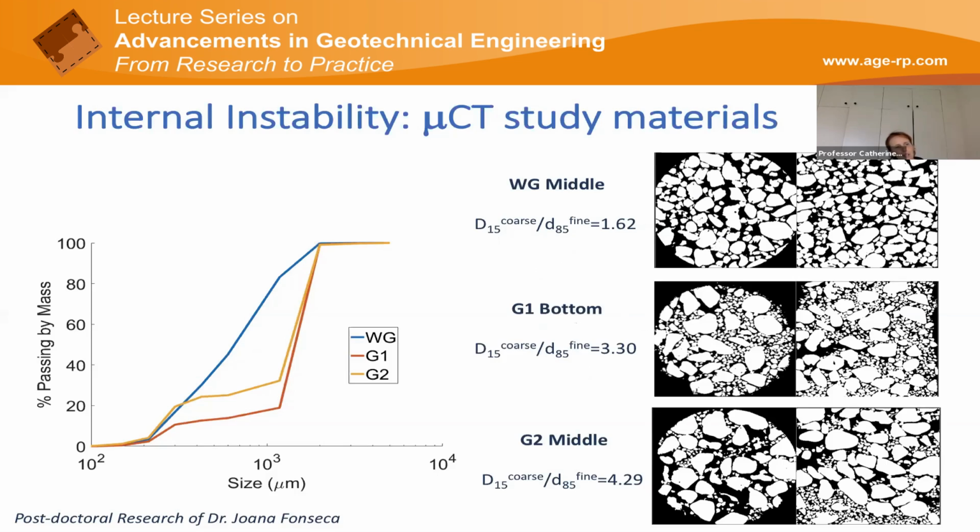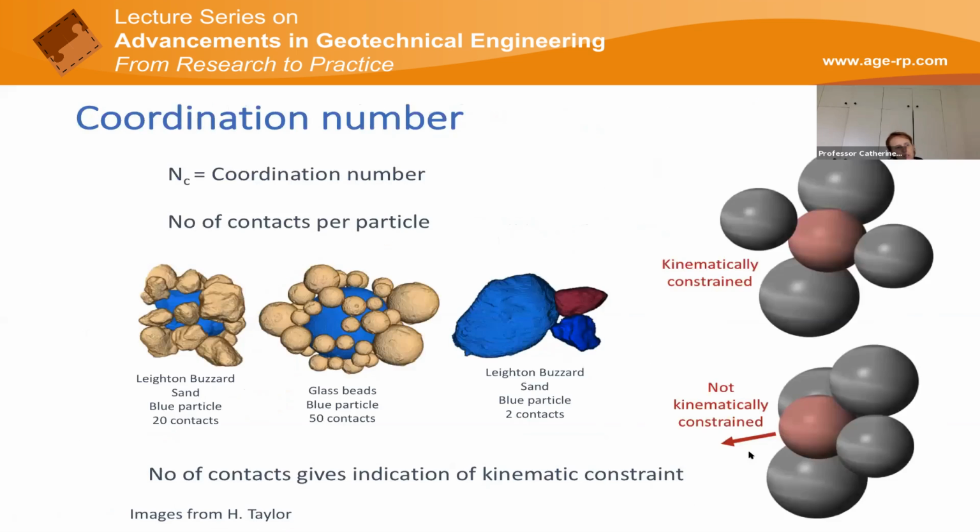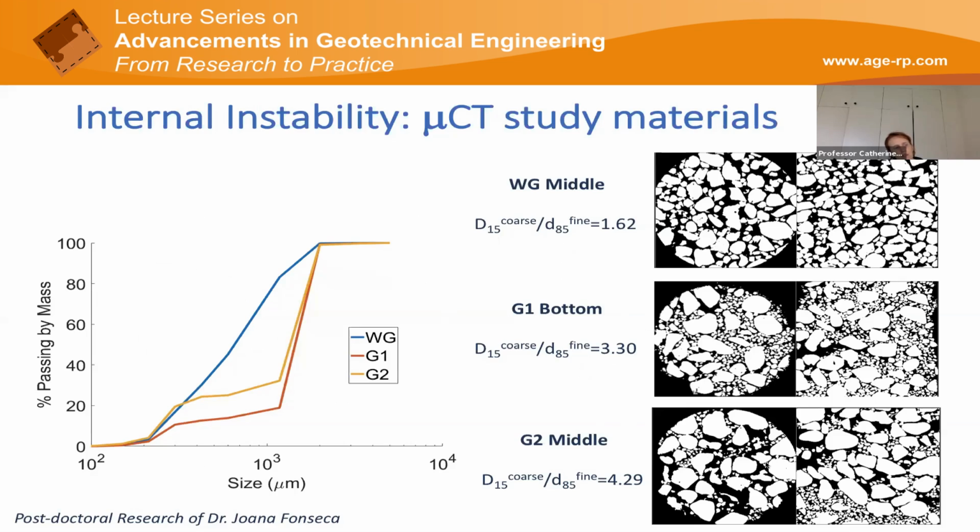And we can see images of how the coarser and finer particles are related to each other. And we can see qualitatively that as this ratio increases, and our empirical criteria says that it becomes more susceptible to internal erosion, we can see that the fines are less constrained by the coarser grains. They would be freer to move if there was a seepage flow applied.